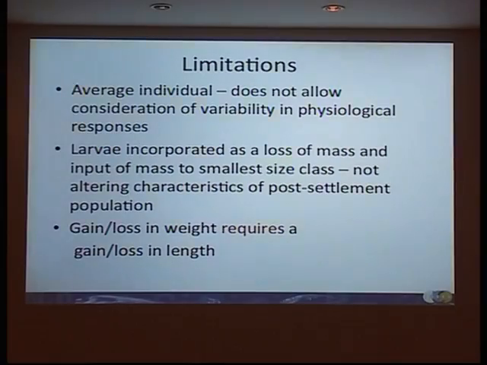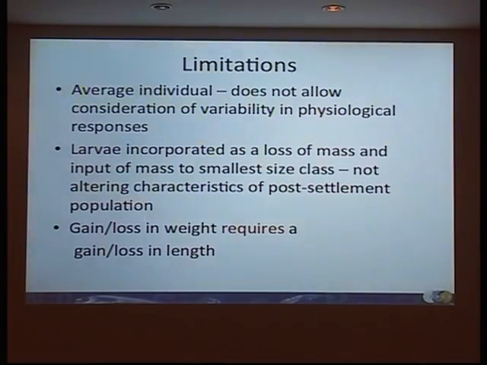The larvae in this kind of model are a loss of mass for the post-settlement population, and then they're basically a gain of mass to the smallest size class. So you're just sort of adding and subtracting mass. You're not changing the characteristics of the population the way you might if you put in larvae that have a range of genetic variability.